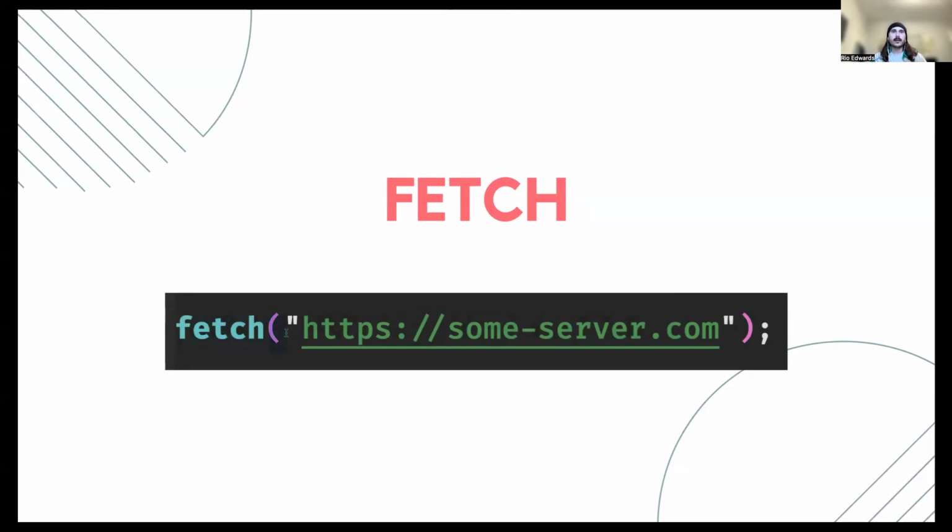It's a function you're calling, and you pass in a single argument. You can pass in two, but today we're just going to be doing what's called a GET request. So we're just going to be getting data from a server. And what it takes in is a string that has a URL. In here, I just have a sample URL, https://someserver.com. So that's what a URL is. We're basically pointing fetch to a specific server in the world, and that server is identified through a URL.